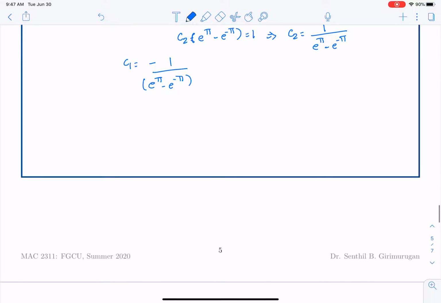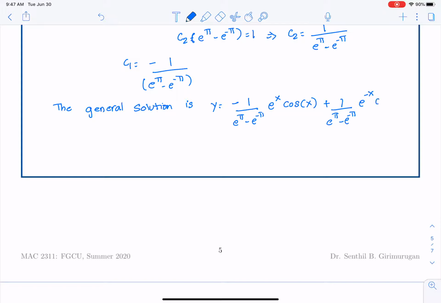So the general solution is y equals, plugging in c1, multiplied by e raised x cosine x, c2 e raised negative x cosine x. We can see that once we plug in the boundary conditions, these terms become common. So I could pull those out.